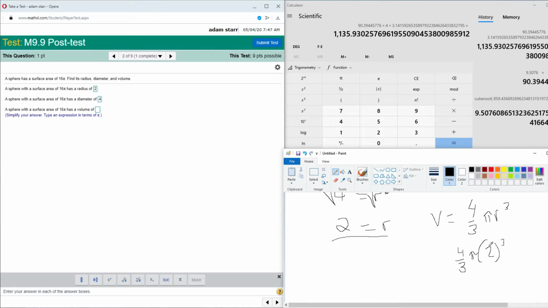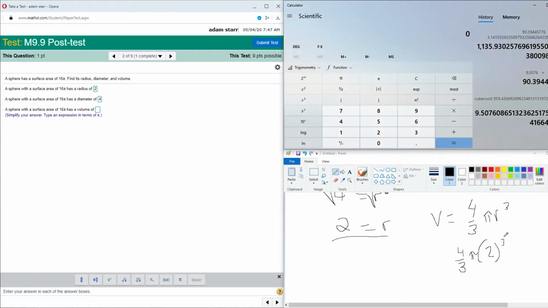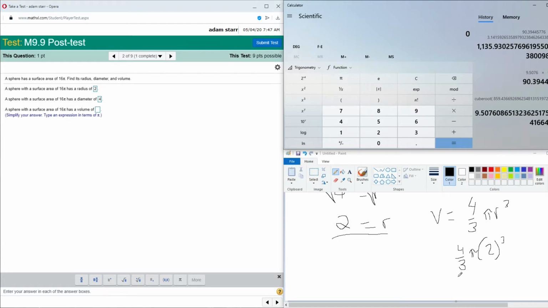So the first thing I'm going to do is 2 cubed. Cubing something means multiplying by itself 3 times, so this really means 2 times 2 times 2, which is 8. So I have 4/3 pi times 8. Then to simplify, I'm going to multiply the 4/3 and the 8.